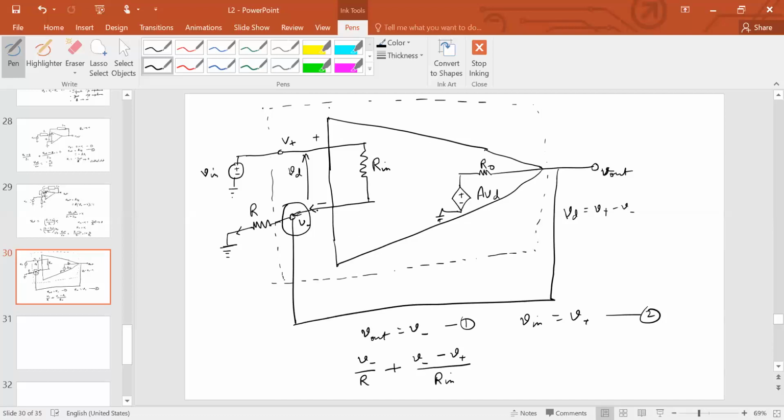Oh, no, sorry. This should be the current leaving, no? Now it's fine because it's supposed to flow in this direction. So V plus should be at a higher potential. V plus minus V minus.